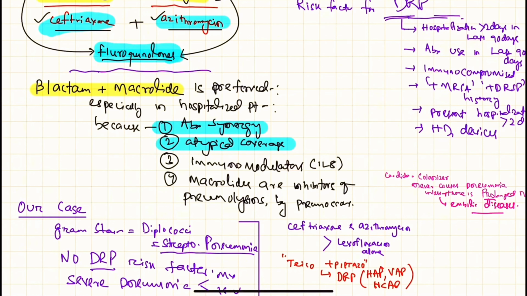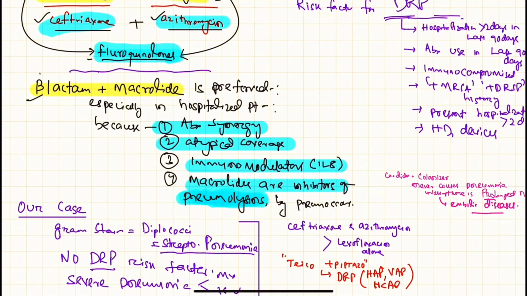Macrolide will cover atypicals very nicely. Also, macrolides are immunomodulators. That's the reason why now in COVID, most of these antibiotics are used. They mainly act against the IL-8 receptors. Pneumolysin, produced by the pneumococcus, is not inhibited by either beta lactams or fluoroquinolones, so we have to give a macrolide.